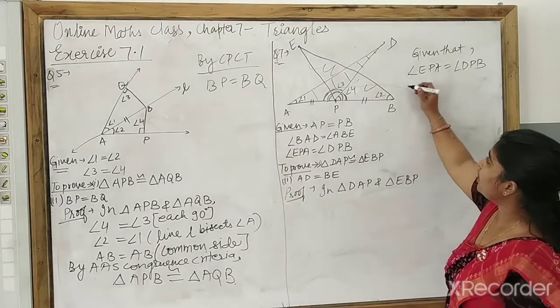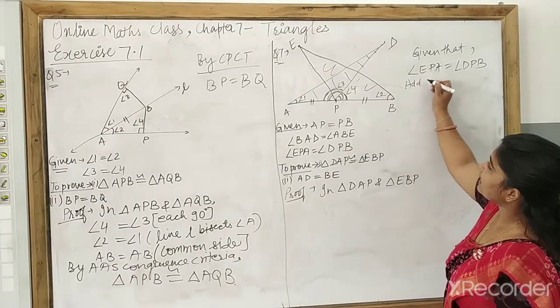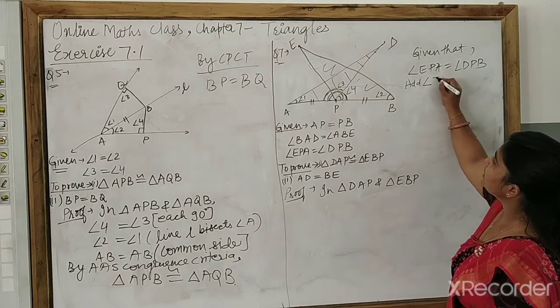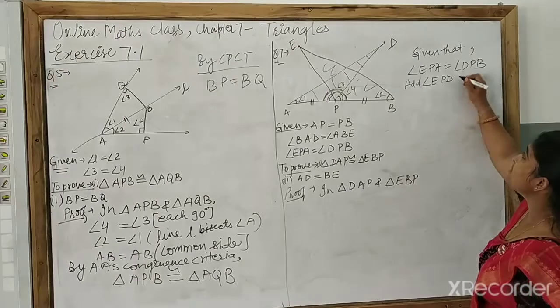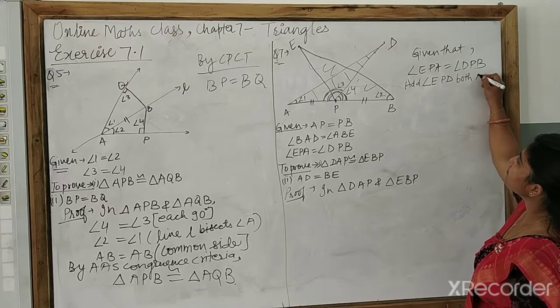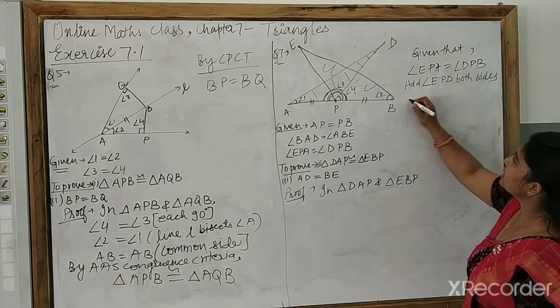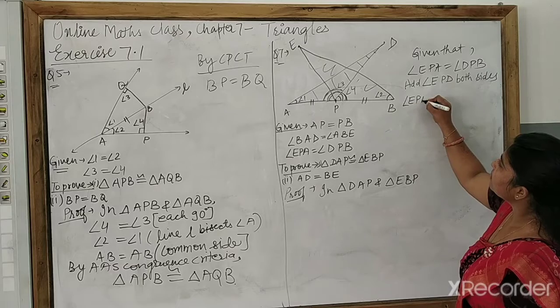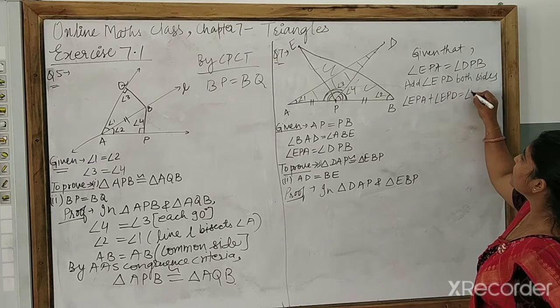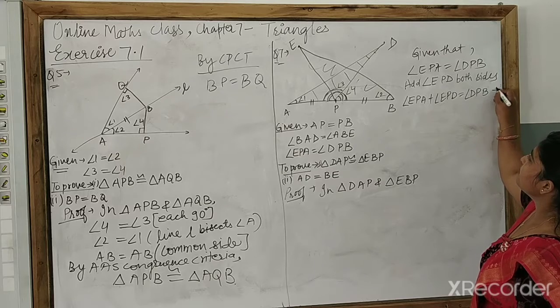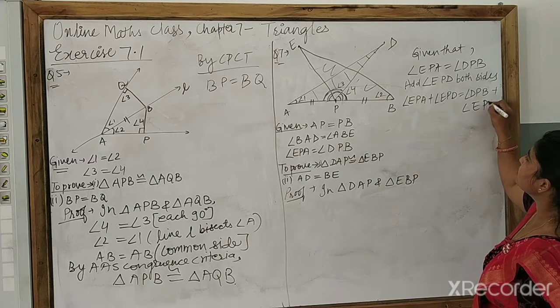So I will add angle, the name of it is EPD. Add angle EPD both sides. So it is EPA plus EPD is equal to angle DPB plus angle EPD.